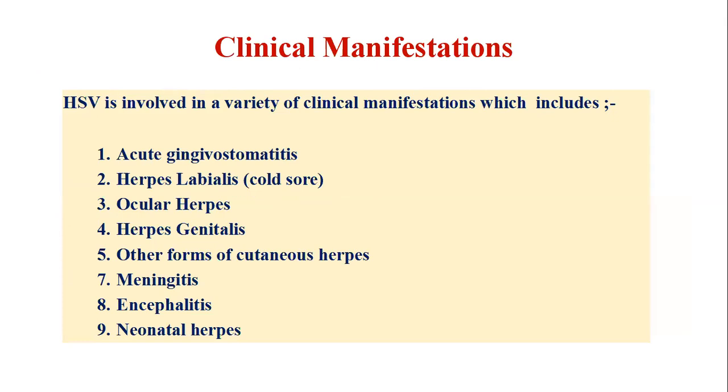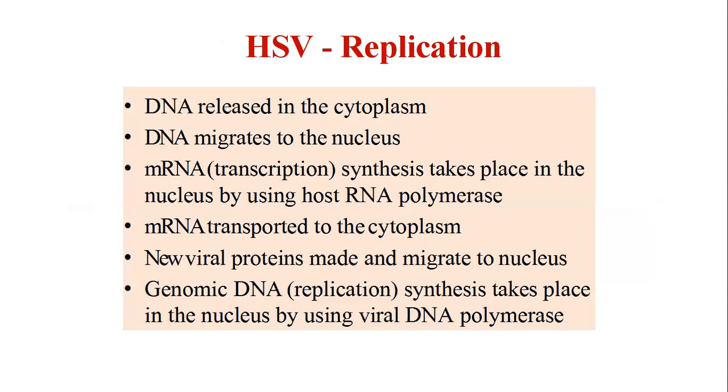A variety of clinical manifestations can occur due to HSV infection, and those are listed here: acute gingivostomatitis, herpes labialis, ocular herpes, herpes genitalis, other forms of cutaneous herpes, meningitis, encephalitis, neonatal herpes, like that. Now, after entering the human cell, how does this particular virus replicate?